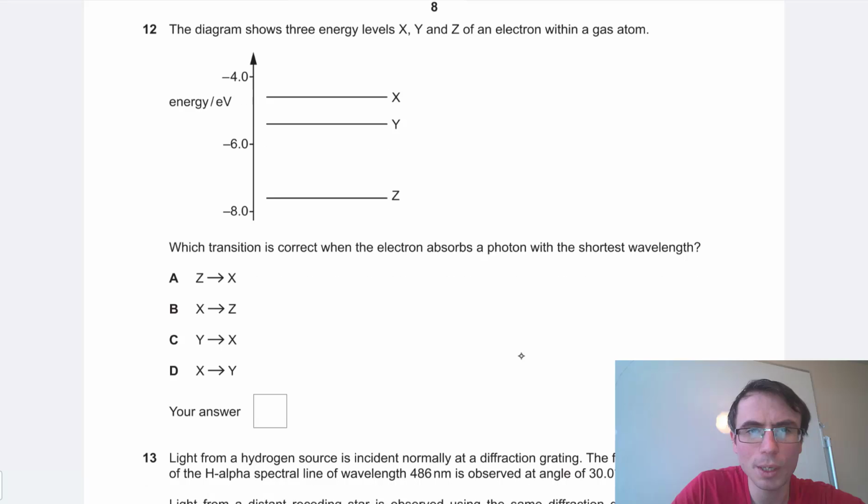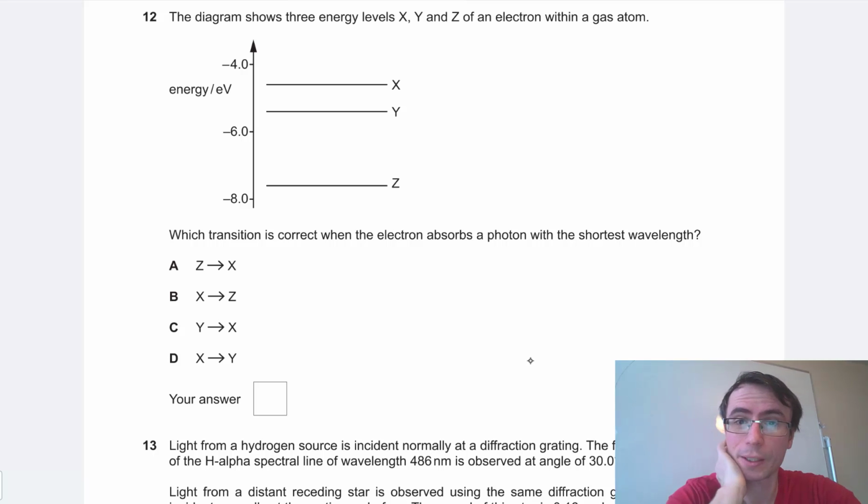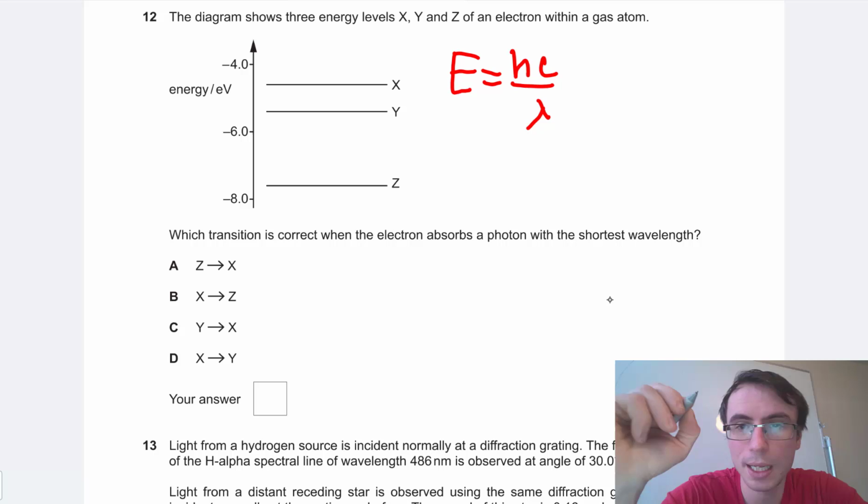Okay, question 12. The diagram shows 3 levels, X, Y, and Z, just like in Z physics, of an electron within a gas atom. Which transition is correct when the electron absorbs a photon with the shortest wavelength? Okay, so the energy of a photon is hc over lambda.